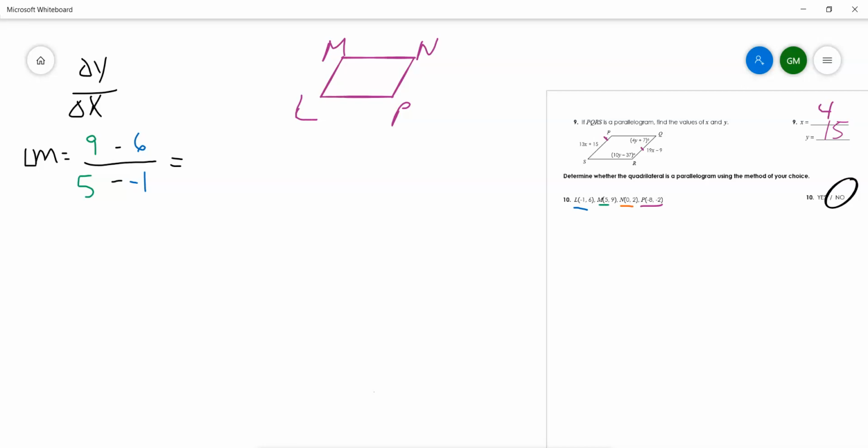All right, so 9 minus 6 is 3. 5 minus -1 is 6. So the slope of this line is 1/2. Okay, so let's test the line across from it, NP.